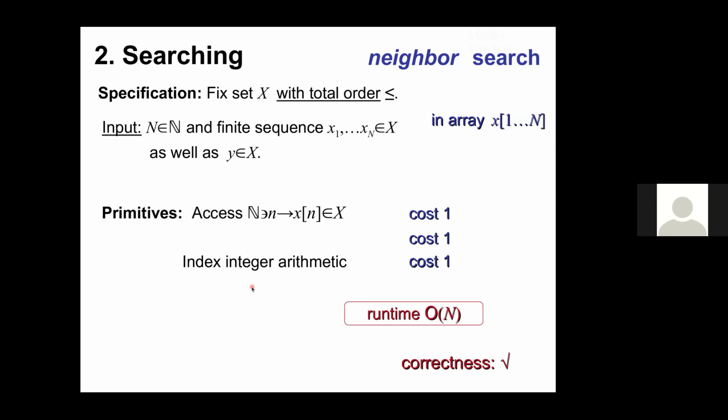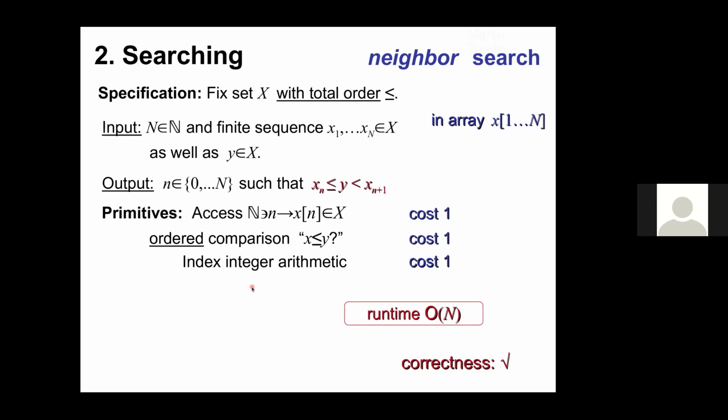And then we talked about neighbor search, which is: you are given an array of some data type with an ordering relation. We are not assuming that this is ordered for the time being. Neighbor search was: you have to find an index n such that a given element y is between xn and xn plus 1.